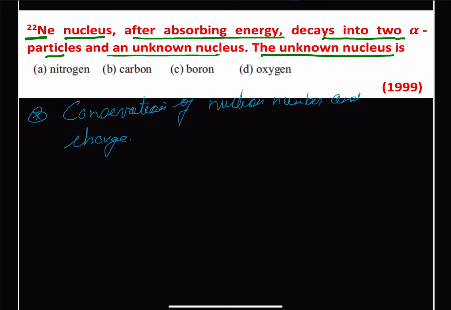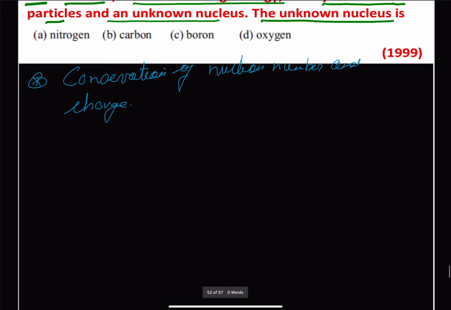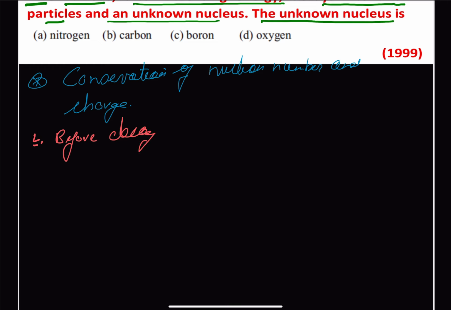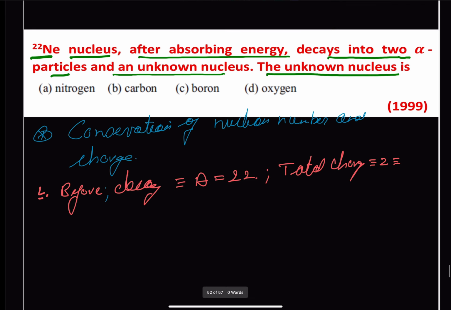We are given before decay a mass number of 22 and total charge, that is the value of Z, is 10.